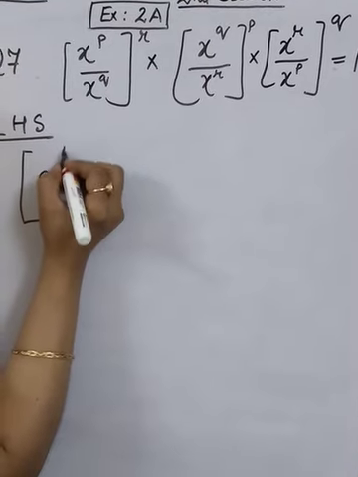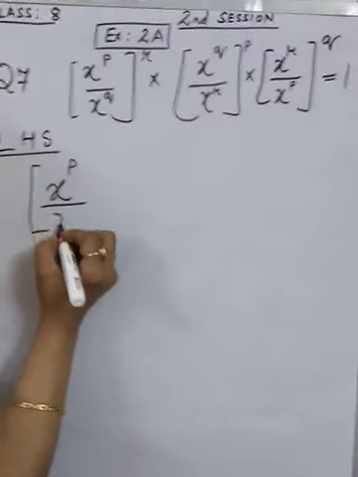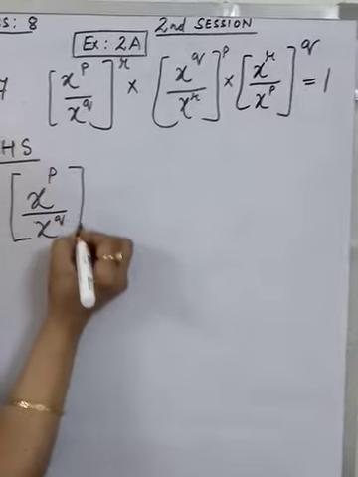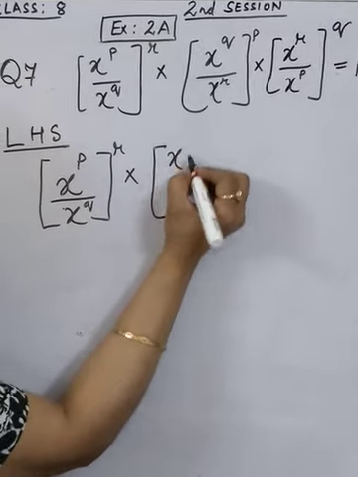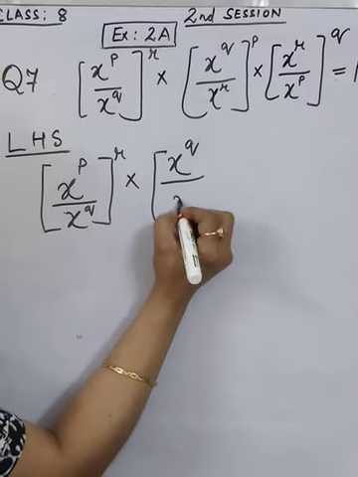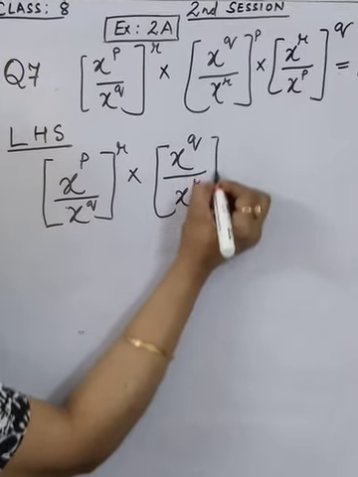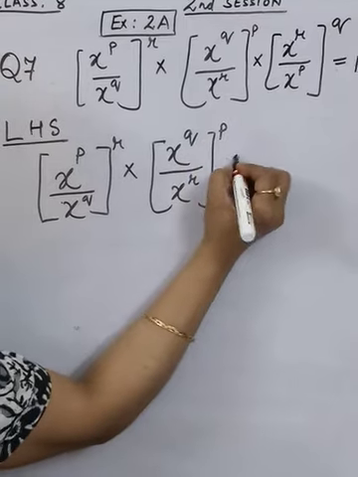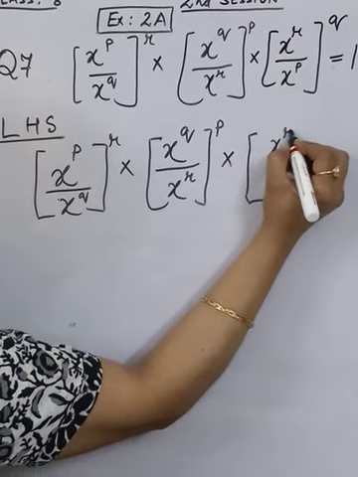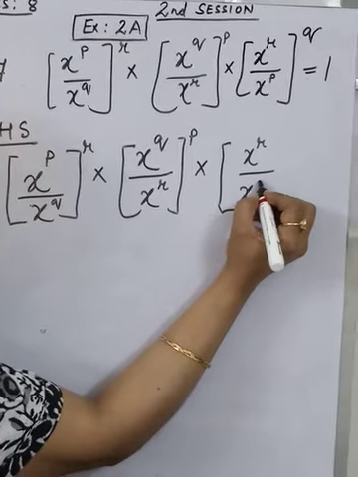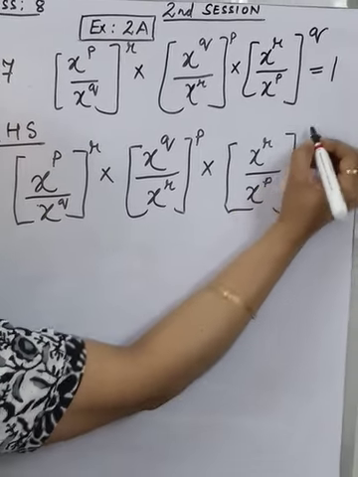X to the power p upon x to the power q whole to the power r into x to the power q upon x to the power r and whole to the power p into x to the power r upon x to the power p and whole to the power q.